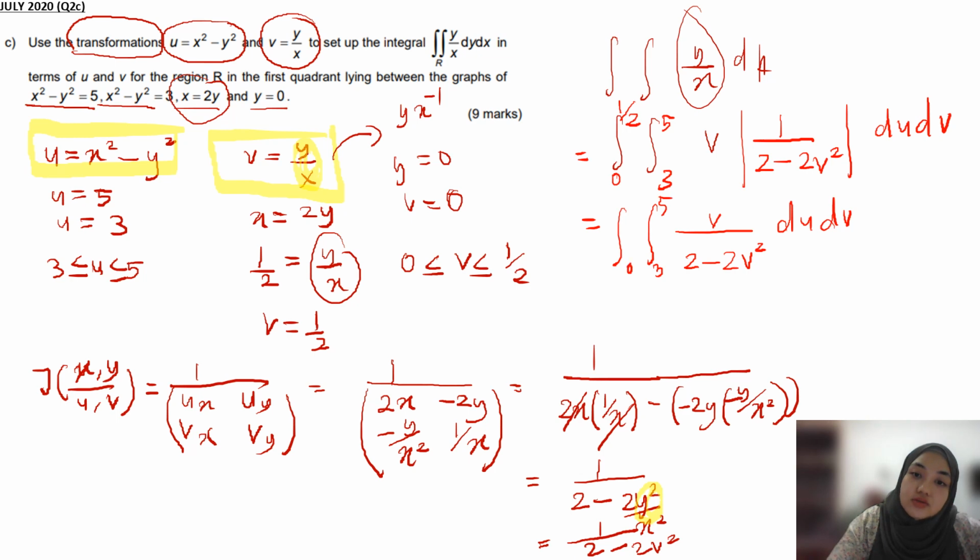So what you need to do, you can solve by letting, since it is already u, you have to let another alphabet. Okay, we continue on the next slides. So we let w equals 2 minus 2v squared.